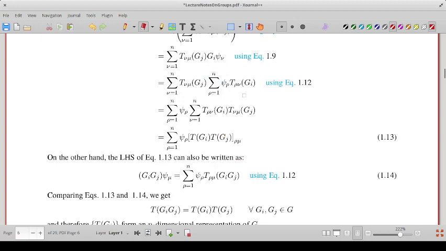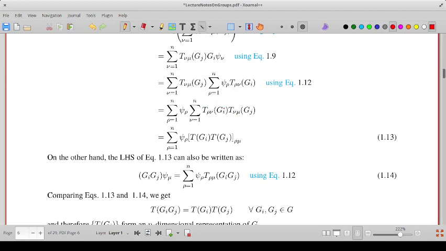Now these are finite sums, and therefore I can take the rho summation first and the nu summation second. So I will take this to the left. When I do that, I have the sum over rho running from 1 to n, then this psi rho that is over here. Then the remaining factors depend upon nu, so I have to write the nu summation here, and then the first number is T nu mu of Gj, and that is this, and then T rho nu of Gi, and that is this.